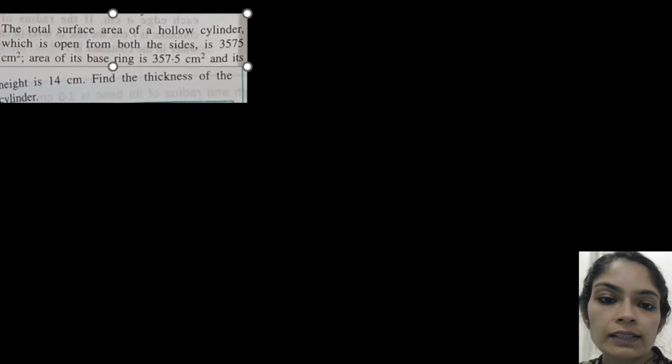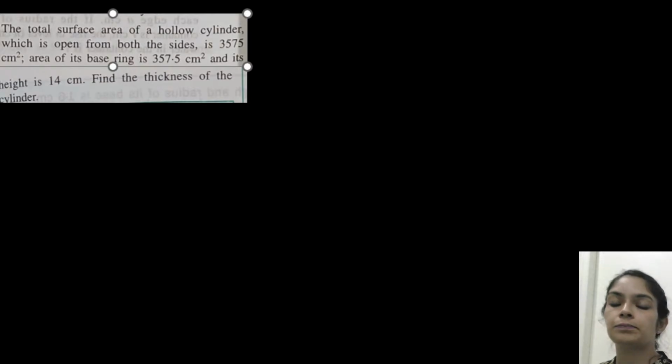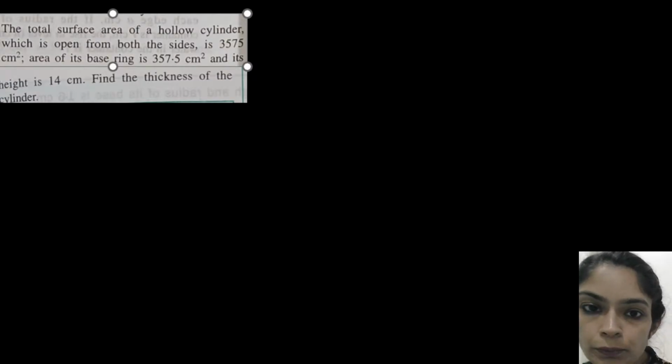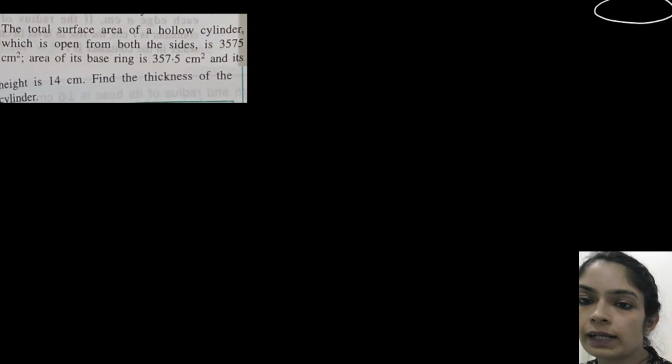The total surface area of a hollow cylinder. Here a hollow cylinder is there in this question, which is open from both the sides. So normally it will look like a pipe.